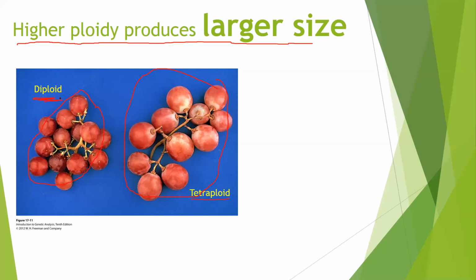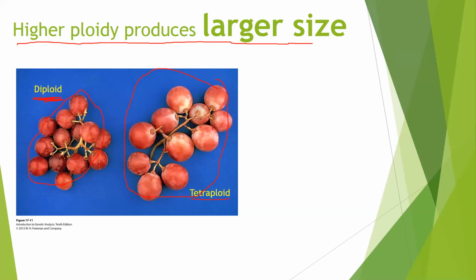Let's think about it this way. For a diploid genome, for a specific gene, there are only 2 copies of that gene, right? But in the tetraploid, they have 4 copies. If all these 4 copies of the genes can be expressed, that means they can produce doubled gene product in the tetraploid.